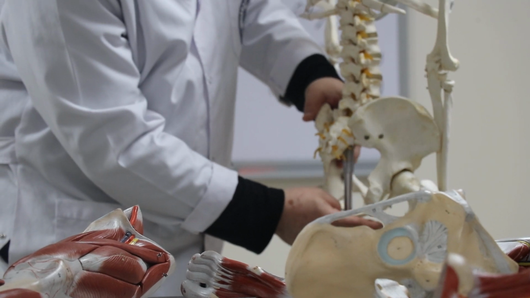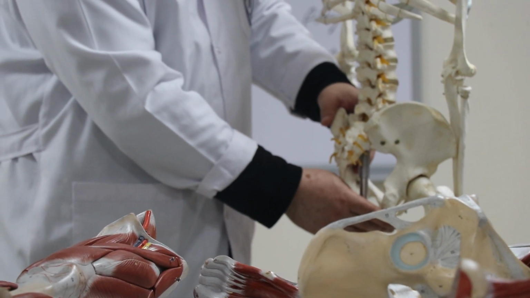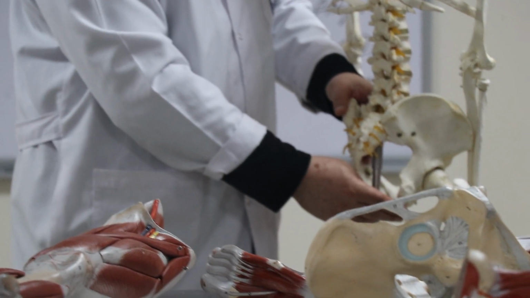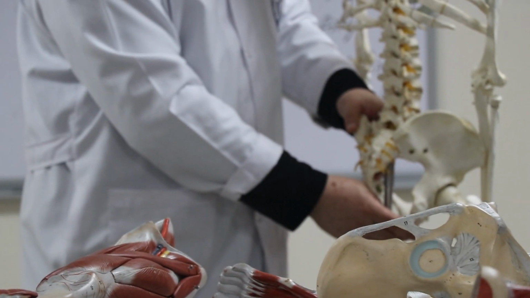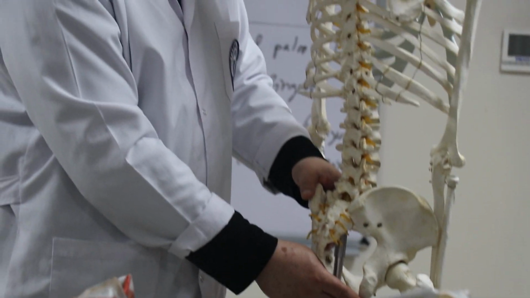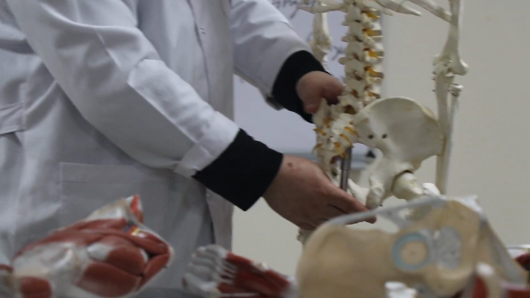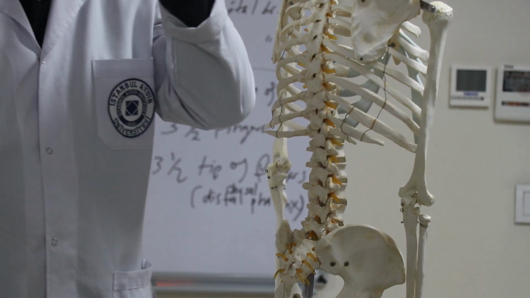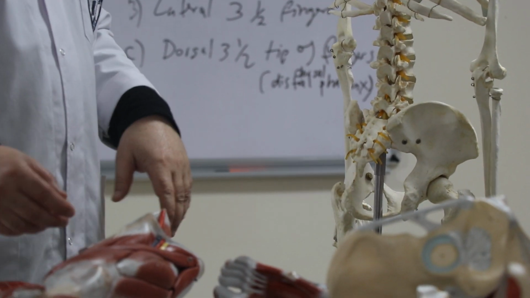And also we have the hamstring part of the adductor magnus. Okay? And all these muscles are innervated by which nerve? Tibial nerve, right? Tibial nerve, or the tibial division of the sciatic nerve. All these muscles are innervated by the tibial nerve.